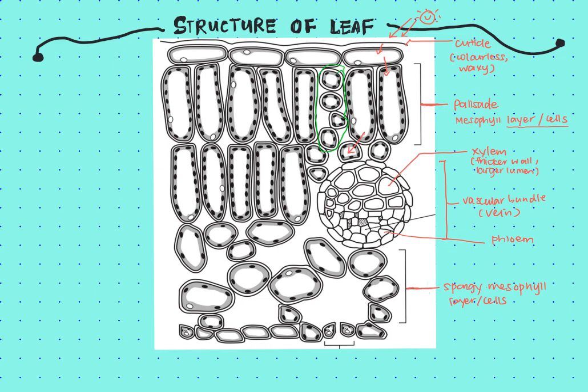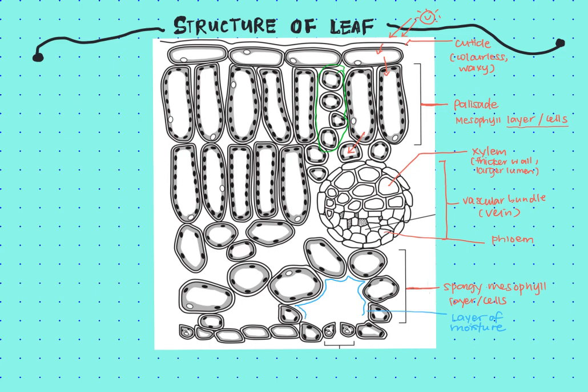Not forgetting that the spongy mesophyll cells, because of their irregular arrangement, form a layer of moisture, due to the water molecules that are moving out of the spongy mesophyll cells and staying on the surface. Listen, it's on the surface of the mesophyll cells.